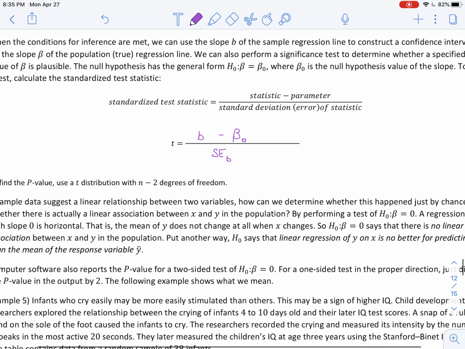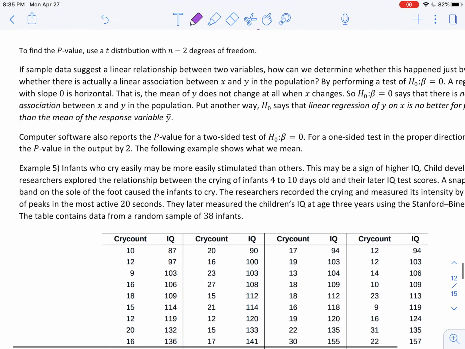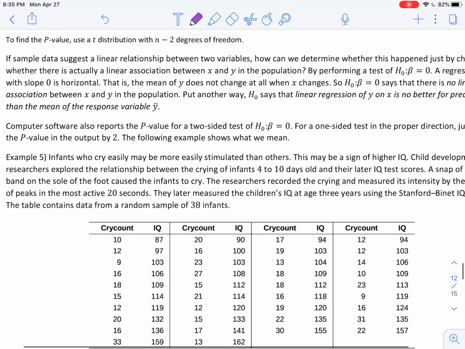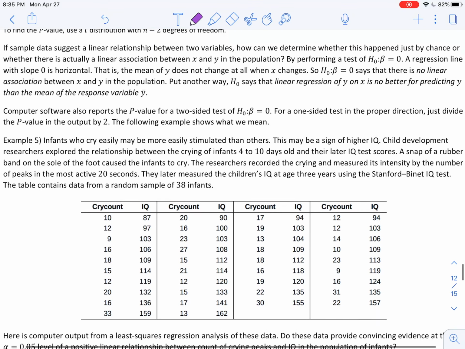And then we'll divide by the standard error of the statistic, which is b, the sample slope. Now, because we will almost always be using this as 0, this is pretty nice. This is just going to be b minus 0 over some number, which means just b divided by the standard error of that statistic. So to find our p-value, we will use a t-distribution, and we will be using n minus 2 degrees of freedom.